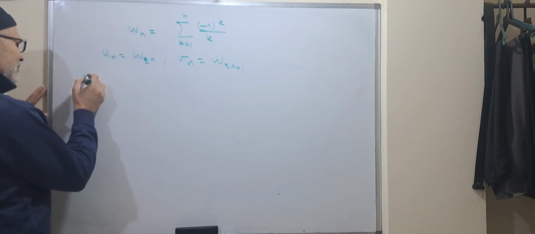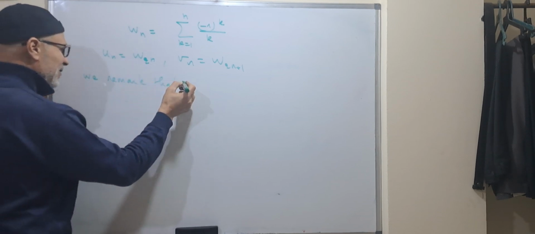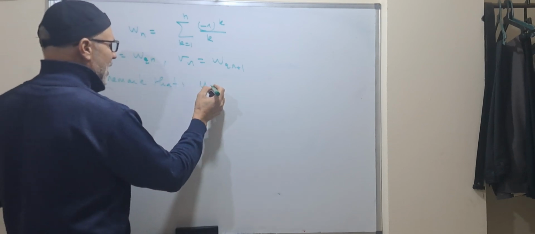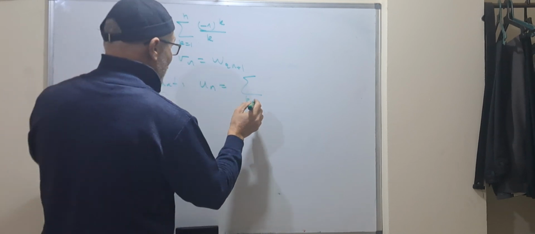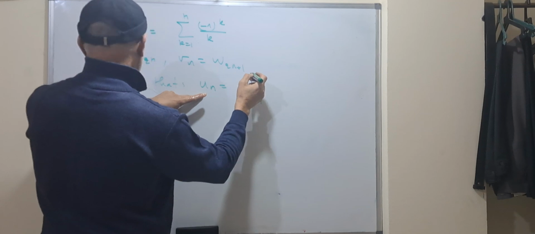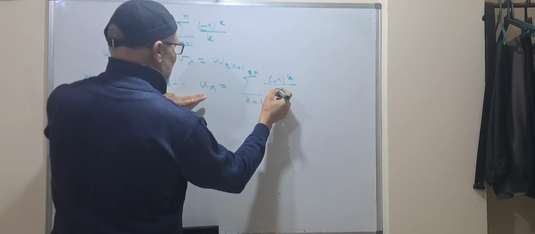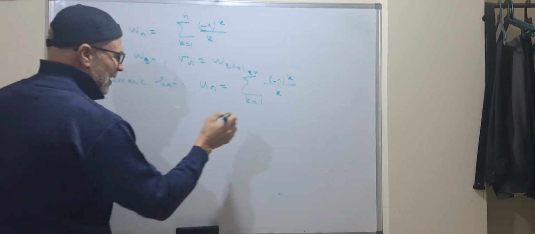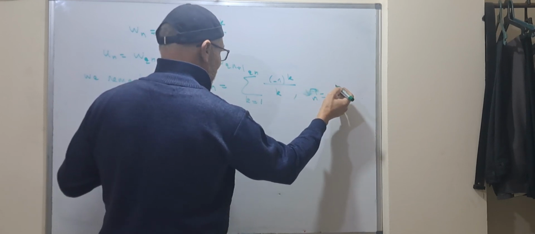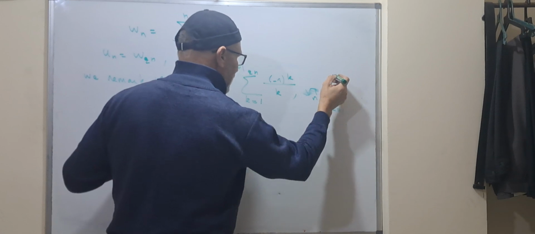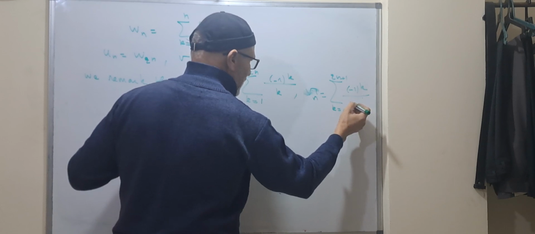We remark that un is equal to the sum, very important this step, the sum from k equal to 1 till 2n of (minus 1) power k over k, and vn is equal to the sum from k equal 1 to 2n plus 1 of (minus 1) power k over k.